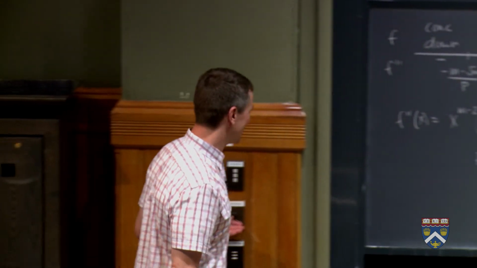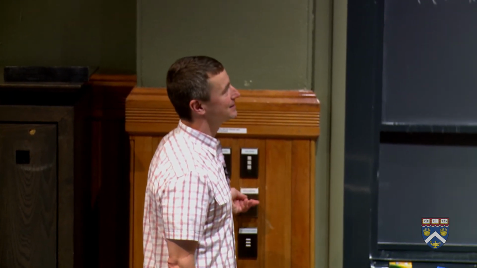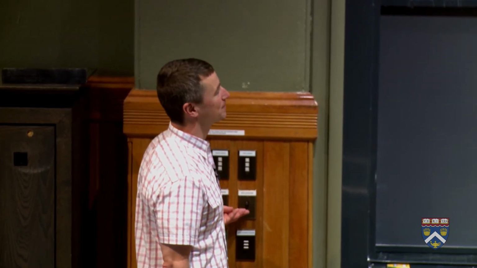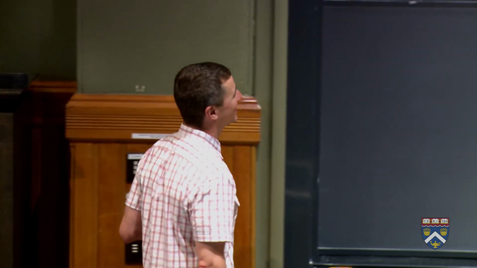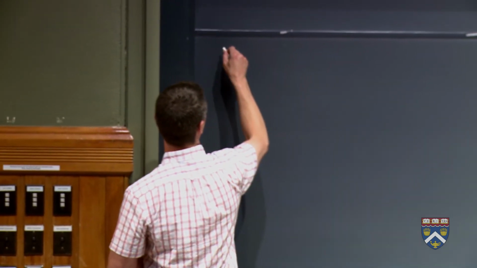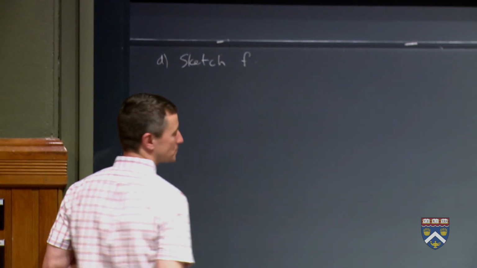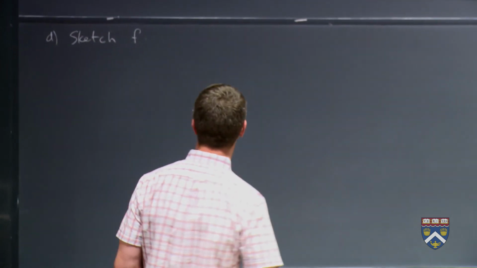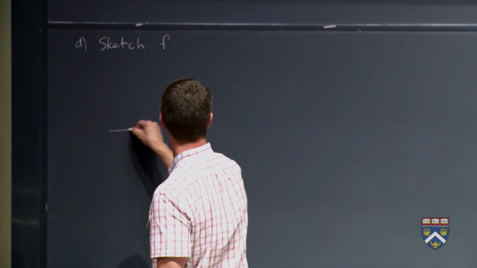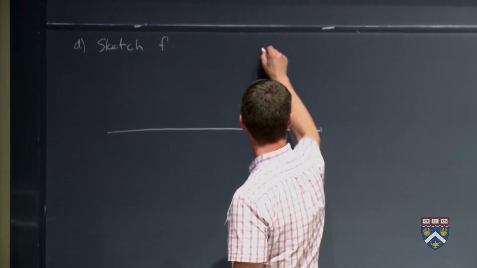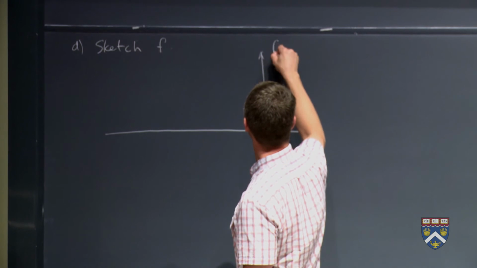Part D. This is one of these 4 chalkboard problems. We want to sketch this graph. You'll notice that everything was happening in the negative side. So I'm just going to draw, this is what my f is going to look like.